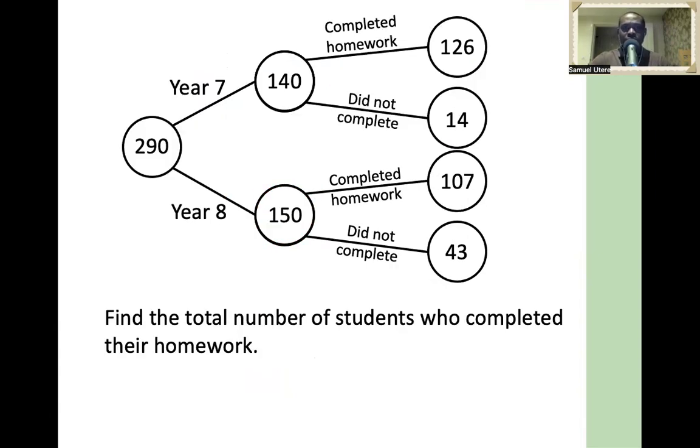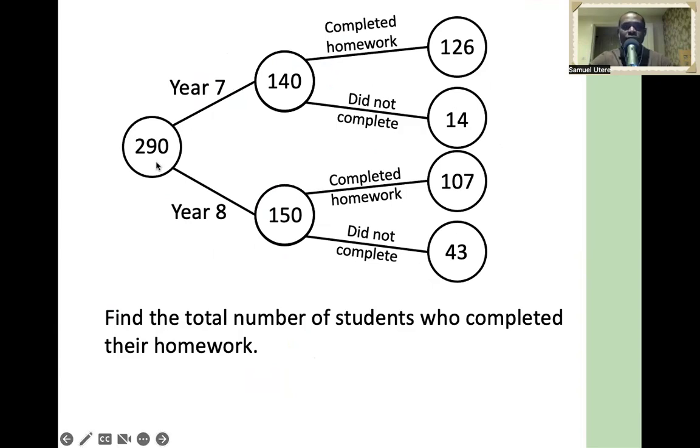Let's look at another example. Sometimes you'll be given a complete frequency tree, but you'll be asked some questions about it. So you should be able to interpret or read the frequency tree. So here is the first one. You're told, find the total number of students who completed their homework.